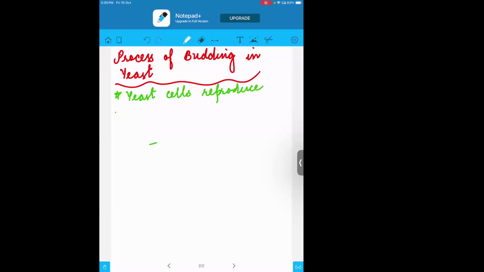So as you know, they have only one parent, right? So with the help of one parent only, they will be reproducing by an asymmetric division. Children, what do you mean by asymmetric? What do you mean by that?